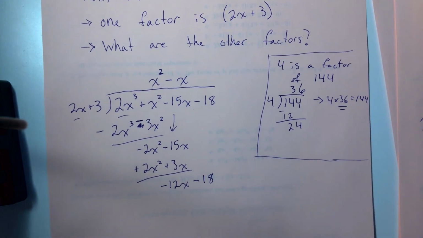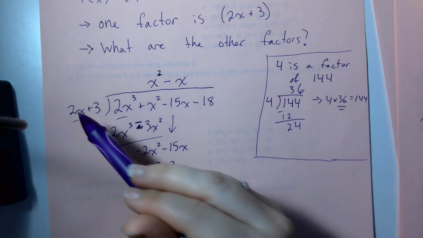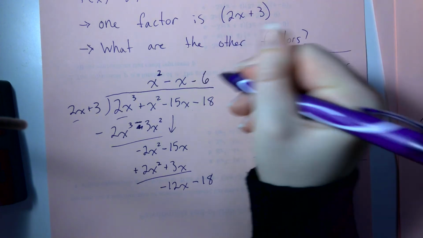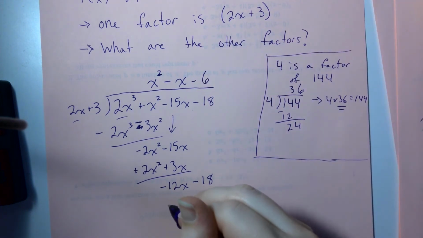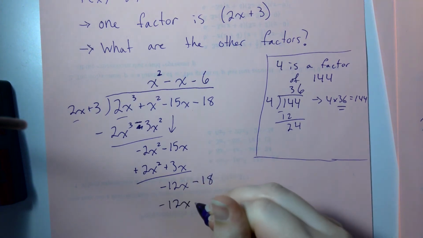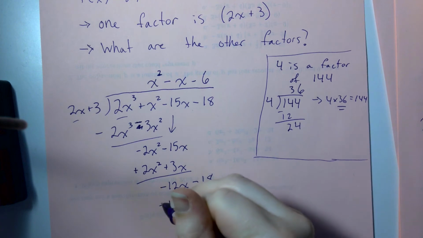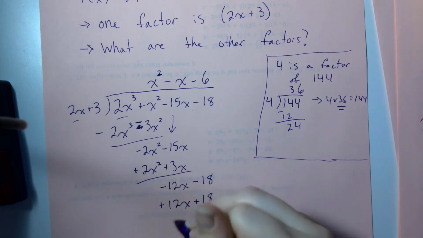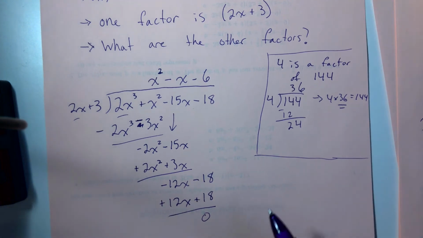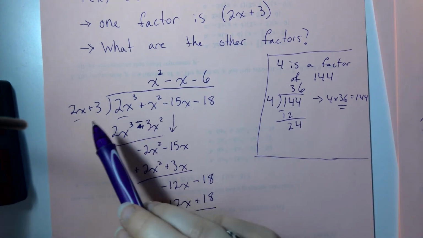All right. Now, how many times does 2x go into negative 12x? It's going to be negative 6. So negative 6 times 2x plus 3 gives us negative 12x minus 18, but we want to subtract it, so effectively we just change the signs. And we get 0, which is what we should get because we know this should divide evenly.